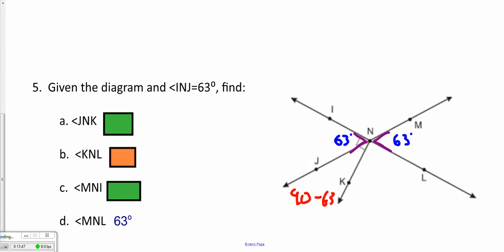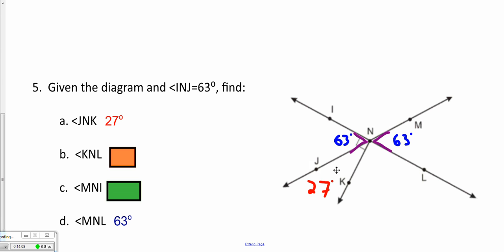Now what is 90 minus 63? I'm just going to get rid of these. 90 minus 63 is going to come out to 27. So I know that angle JNK, that very first one here, will come out to 27 degrees.